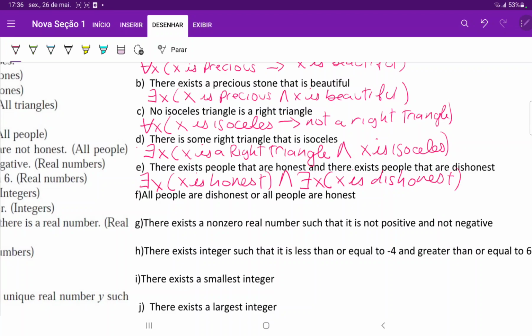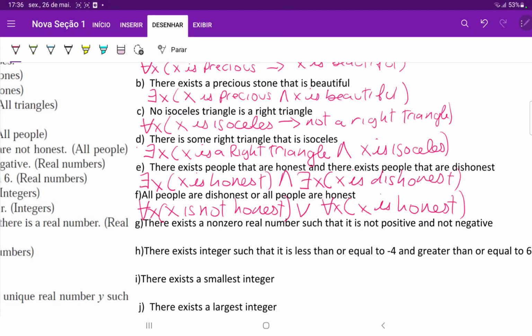Okay, so F, we have a universal, so we're saying for all x belonging to people, either x is not honest, right? Or for all x, x is honest.